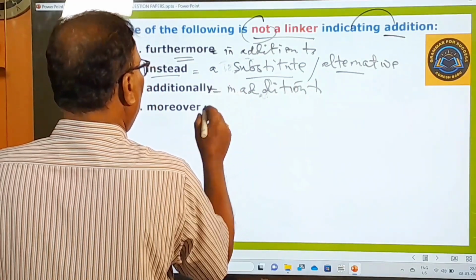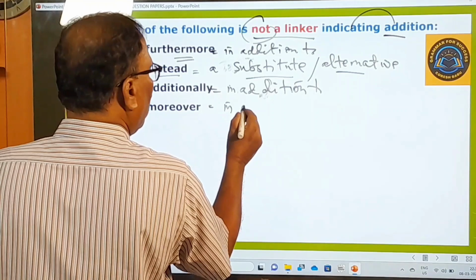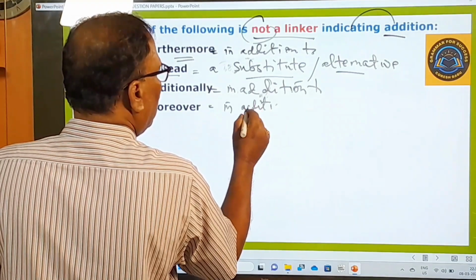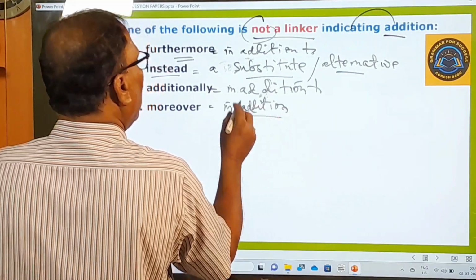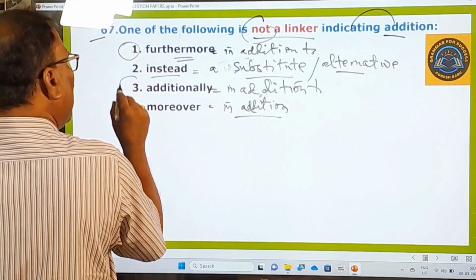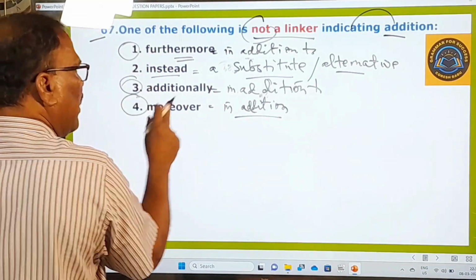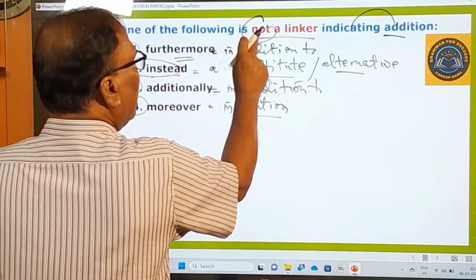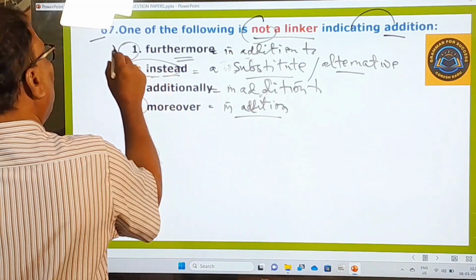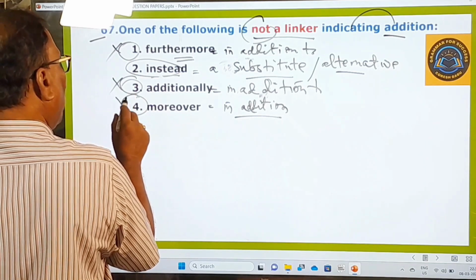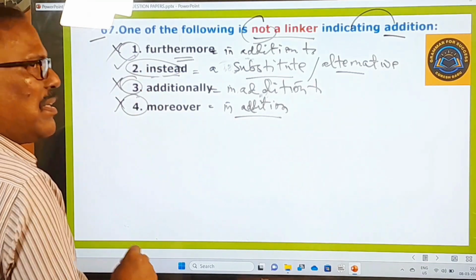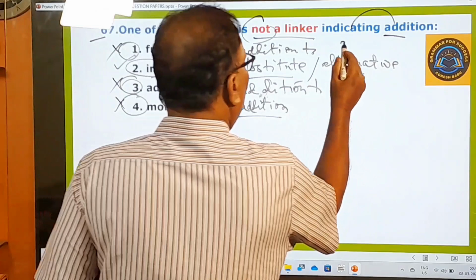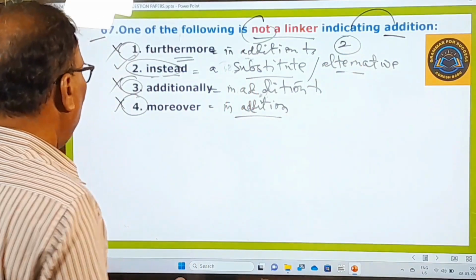Moreover means again in addition to. So that is their addition. So here first one, third one, fourth one are indicating addition, but only this second one is not indicating addition. Therefore, first one is wrong, third one is wrong, fourth one is wrong. Only the second one is going to be your answer, right? And now let's move on to the next question.